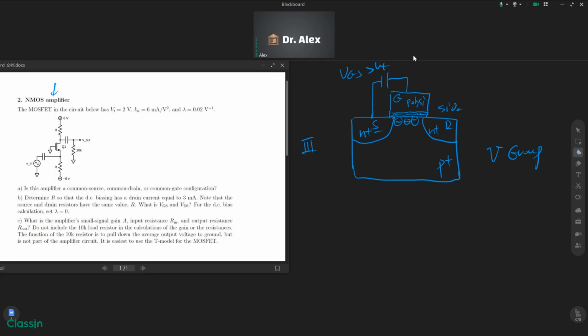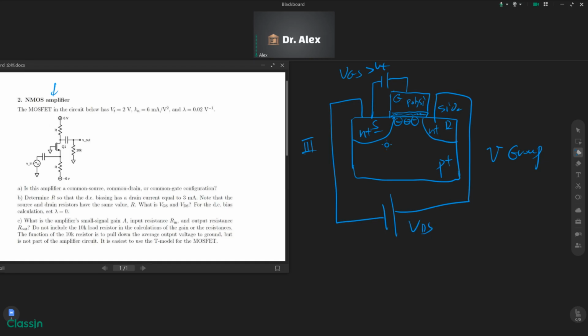So we have a vertical electrical field, and currently there's still no current between source and drain because there's no horizontal electrical field. So we can apply another voltage between source and drain, which is VDS.